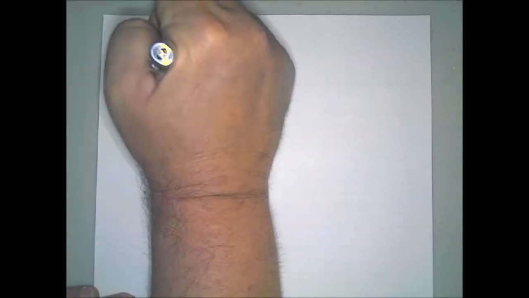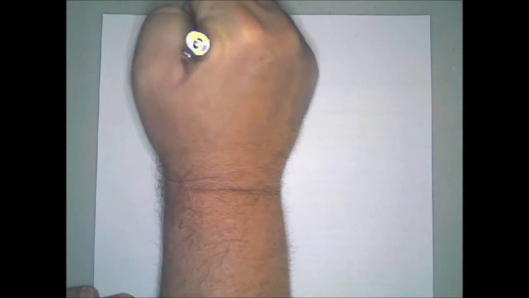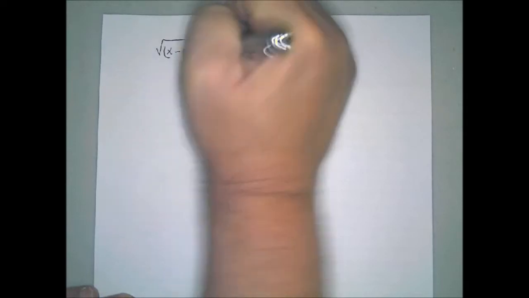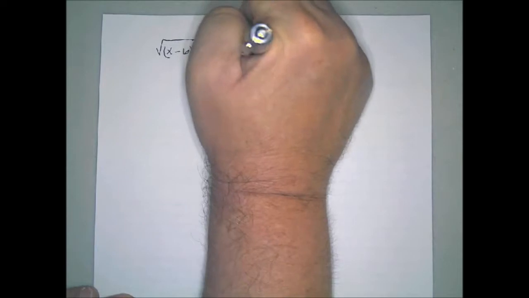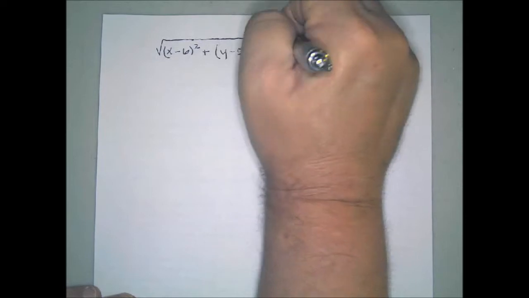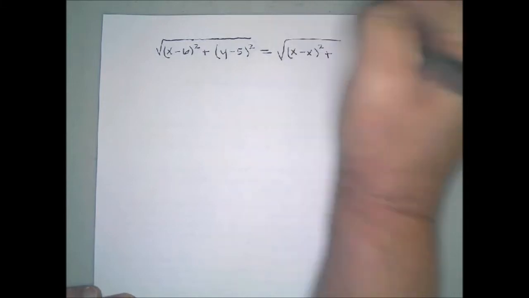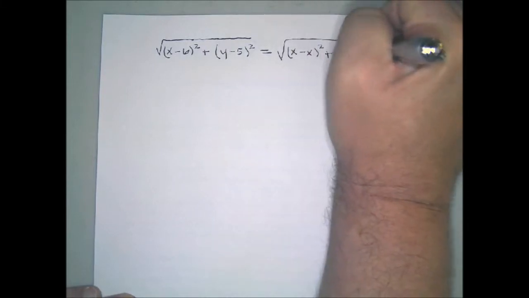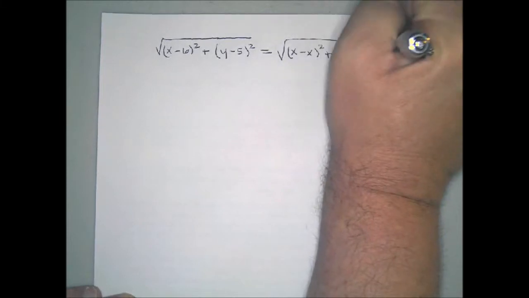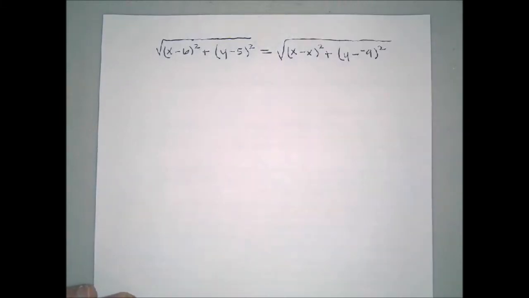Okay, so let me copy what I've got. I have the square root of x minus 6 squared plus y minus 5 squared equals, and this one was x minus x squared plus y minus -9 squared. Okay, so I'm picking it up where I left off with the drawing.